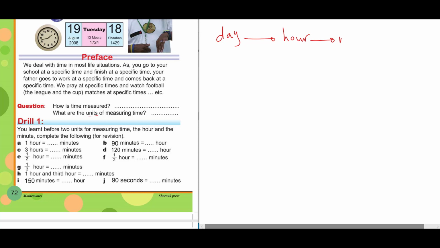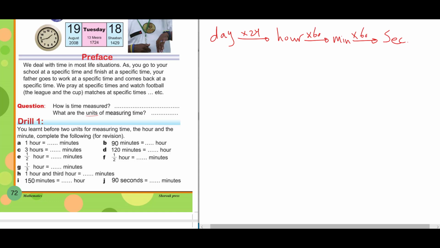Then minute, and finally second. You have to know that one day equals 24 hours, and the hour equals 60 minutes, and minute equals 60 seconds.